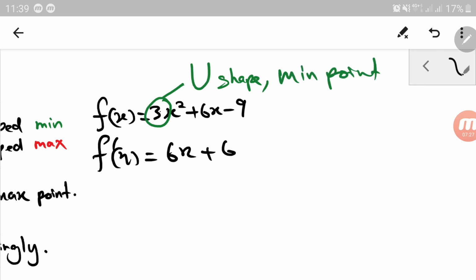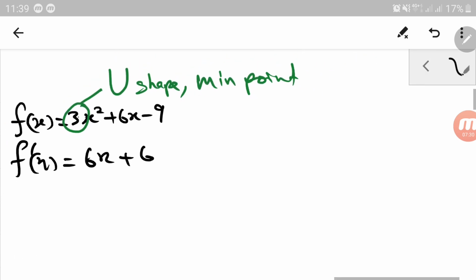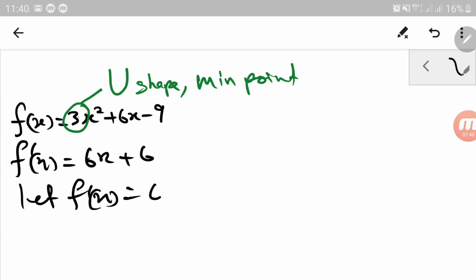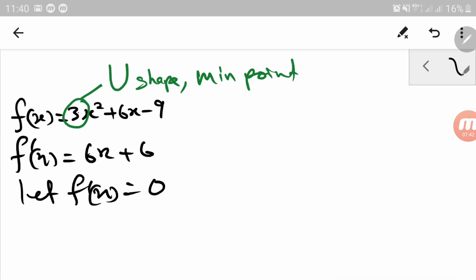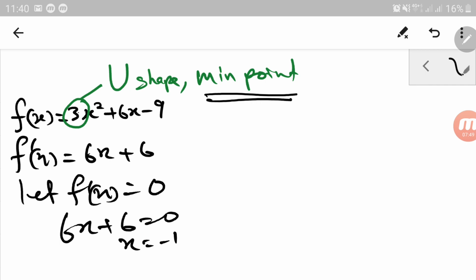Next step is we find the differentiation. As you can see there, I already get the f prime, 6x plus 6, and then we let f prime be equal to 0 to get the minimum point. So 6x plus 6 equals 0, x is minus 1.